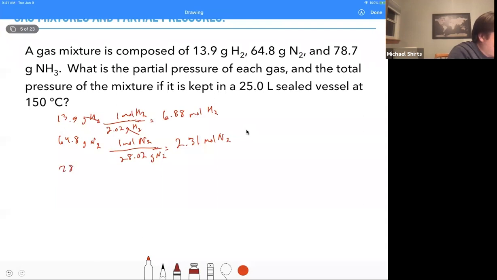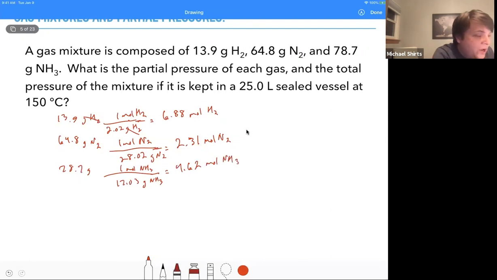And 78.7 grams of ammonia, 17.03 grams of ammonia per 1 mole of ammonia. And so that is 4.62 moles of NH3.